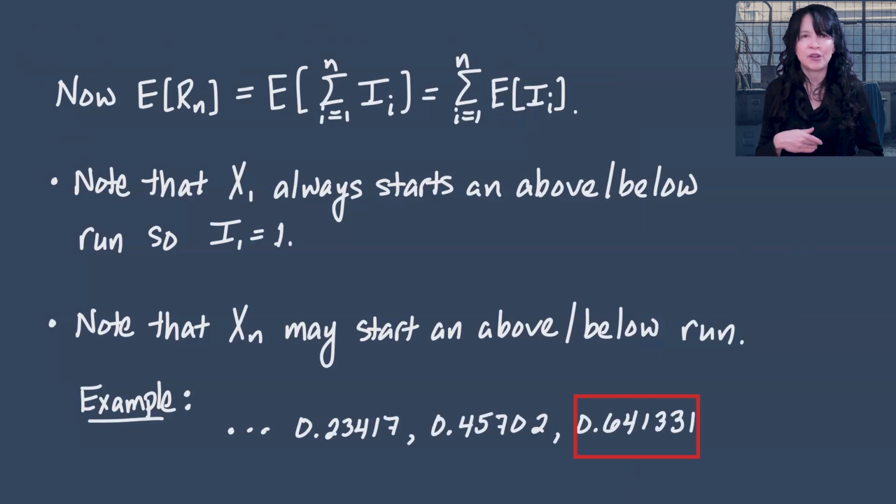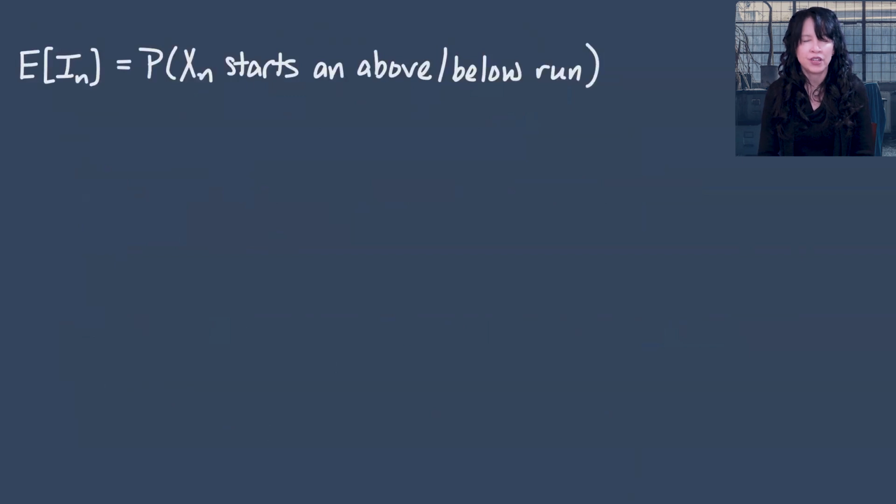Whereas when we were talking about increasing and decreasing, I couldn't tell you that Xn is starting a run up because I would need X n plus 1, and we didn't have that in our sample of size n. But you definitely can have the start of a run above or below the mean with the final X sub n in the sample. So let's look at the expected value of that indicator first, because it seems like it might be a special case.